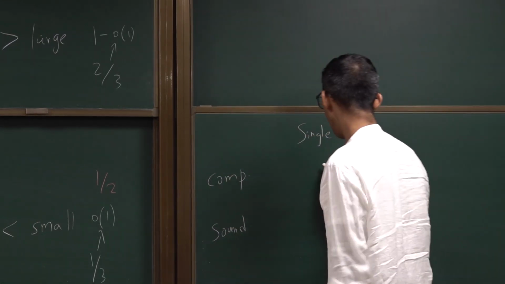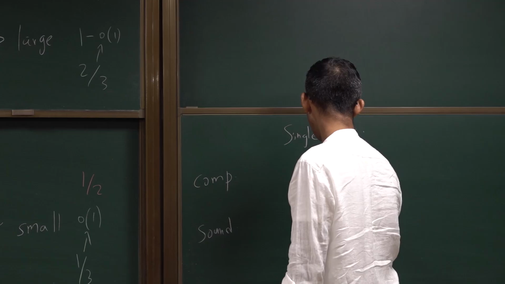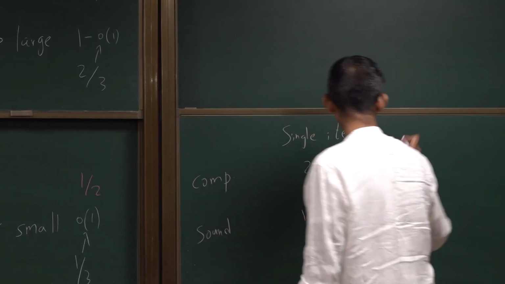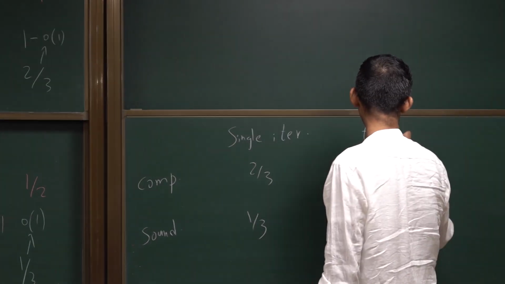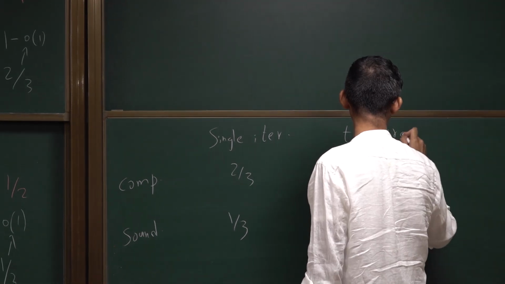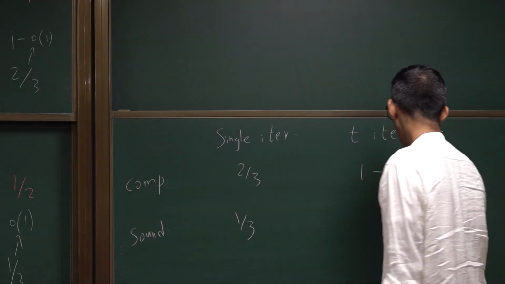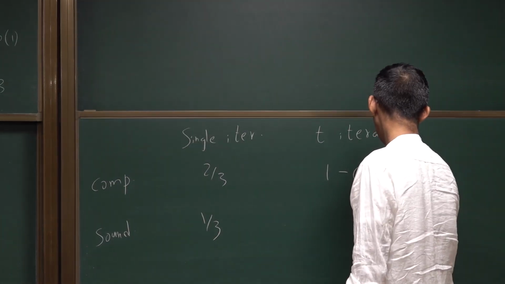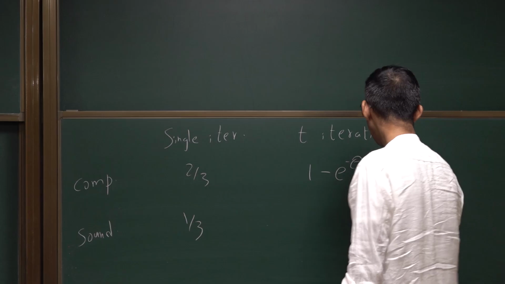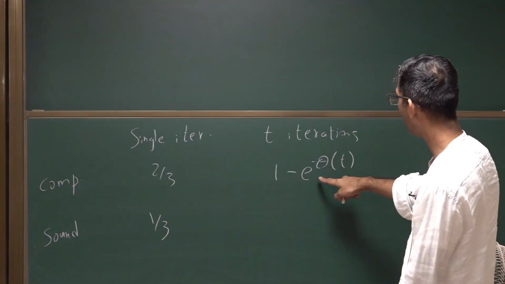But as an example here, if you start with 2/3 and 1/3, and if you do t iterations of this, you can actually get something that is 1 minus, and this is exponentially e to the minus theta of t.